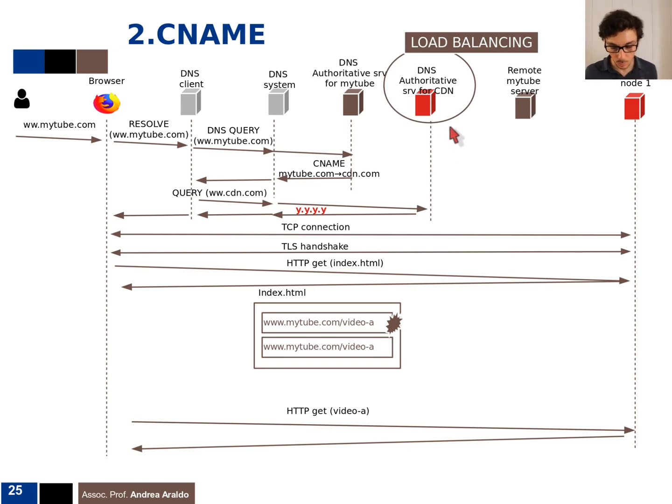Another thing I want to say is that the load balancing decisions are taken by the authoritative DNS server for the CDN, because this server can decide to reply to some users with server YYYY, to other users with server ZZZ, etc. So the load balancing happens here.